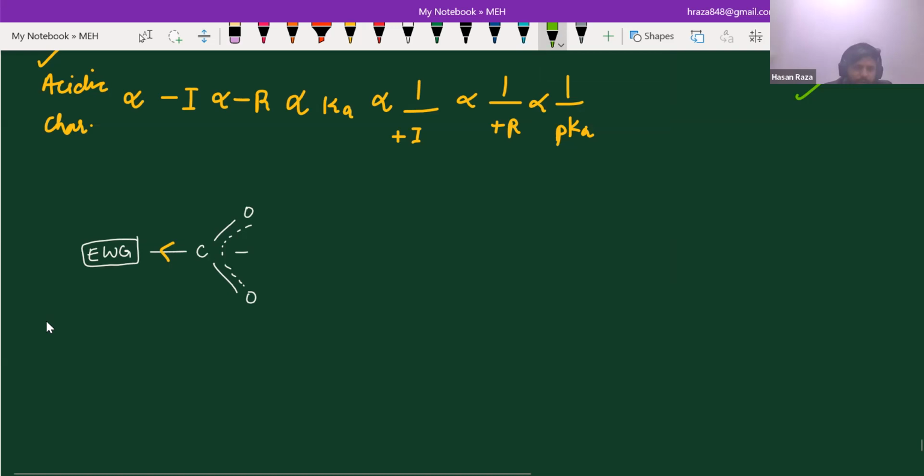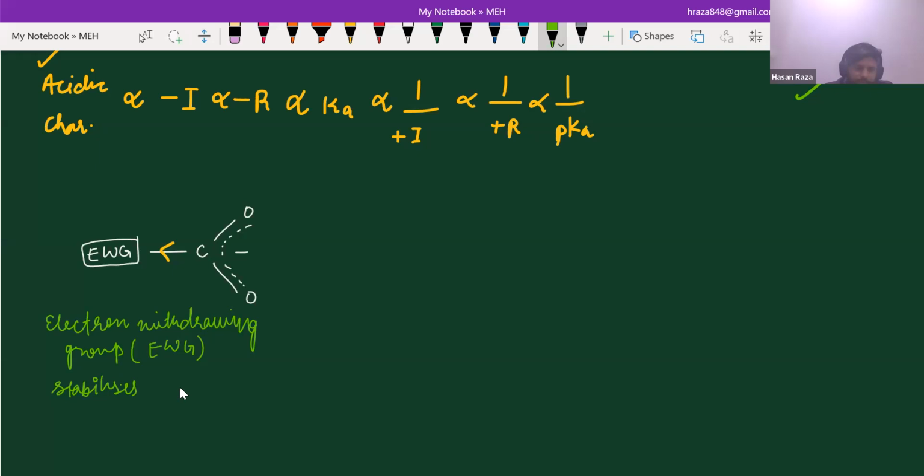We can say electron withdrawing group, that is EWG, stabilizes the carboxylate anion and strengthens the acid. That means it will be more acidic.